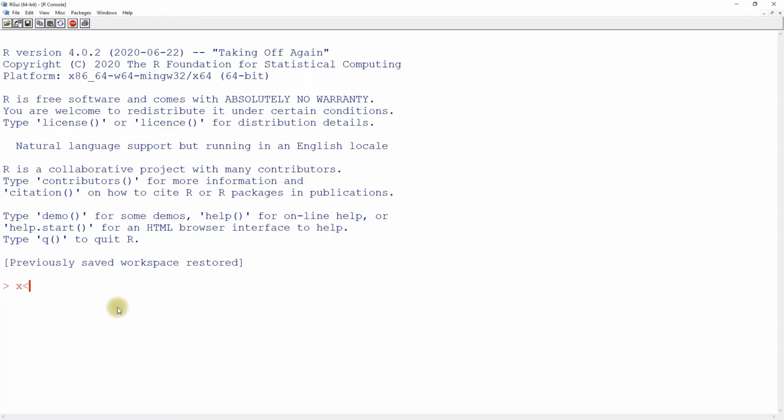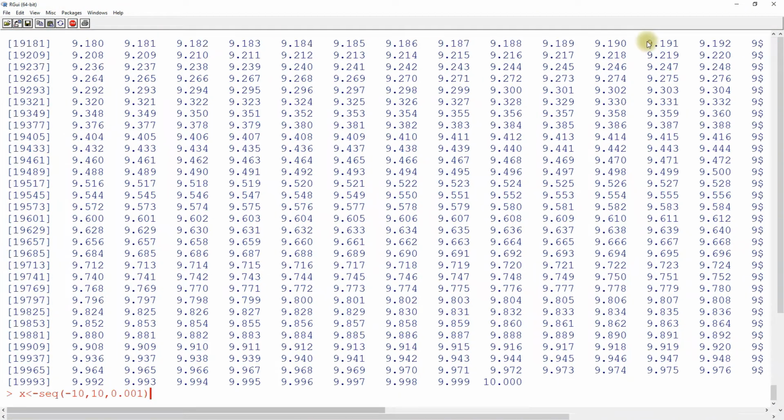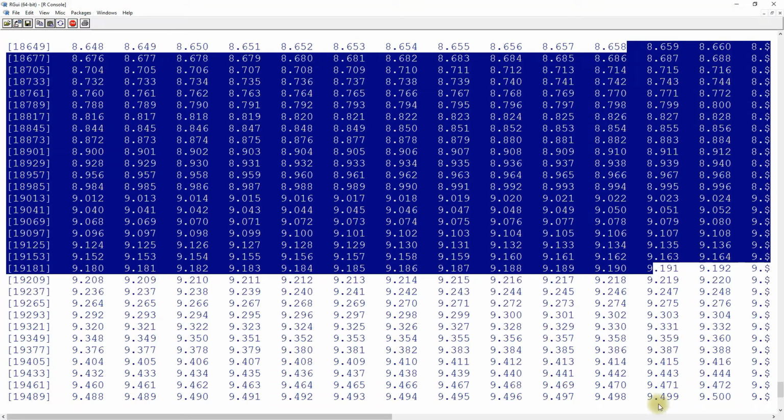So I will create a set of values starting from, let's suppose, negative 10 to 10 in steps of 0.001. If you want to have a look at these values, these are the values that we are talking about. So let me just rerun this so that you see what's going on.